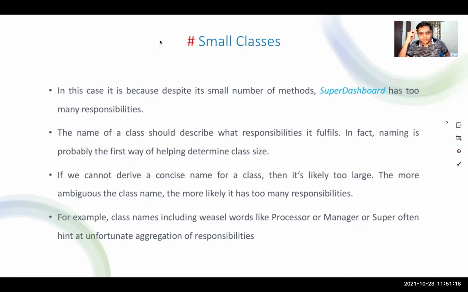I'm not going too much into that. The name of the class should reveal its purpose, and class names should avoid vague words like professor, manager, super. Okay, so in a lot of areas you look, naming conventions are very important.